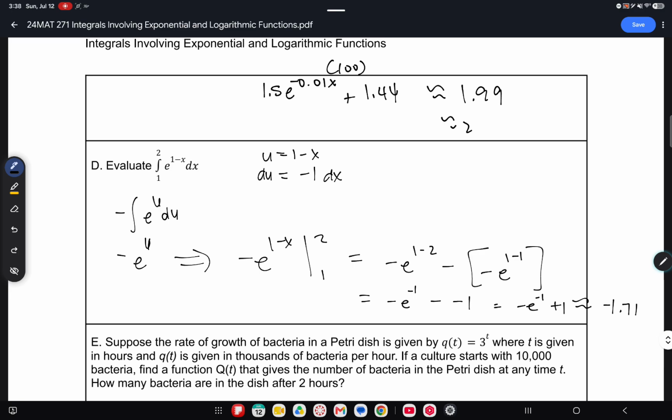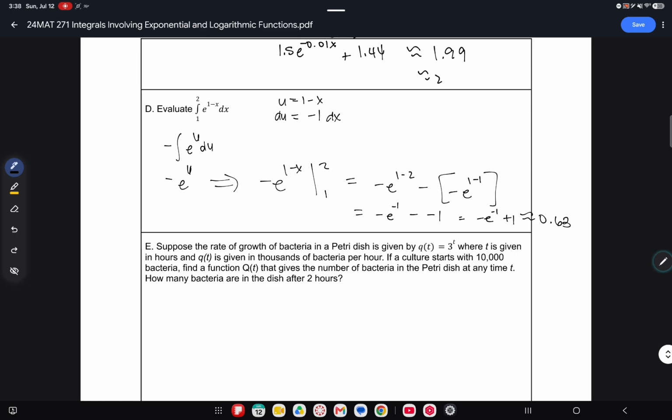That doesn't seem right. Negative e to the negative 1 plus 1. Yeah, because that's not right. I typed in my calculator wrong. That's 0.63. Okay.